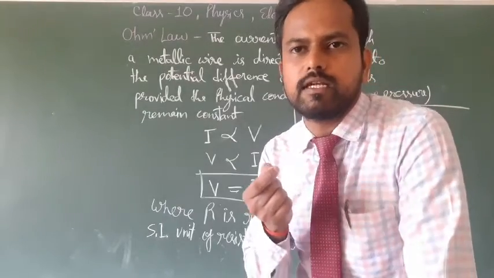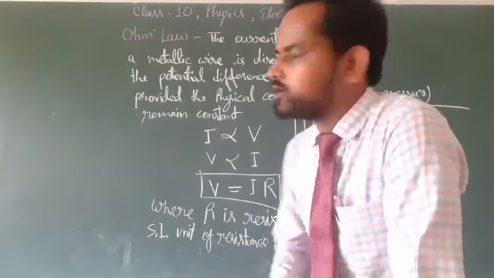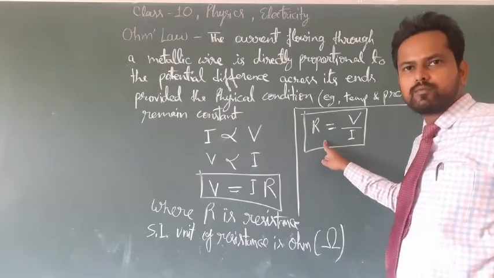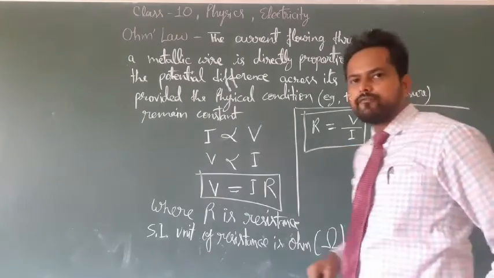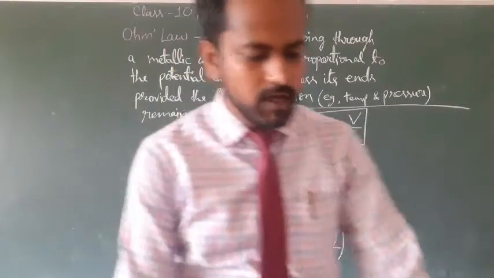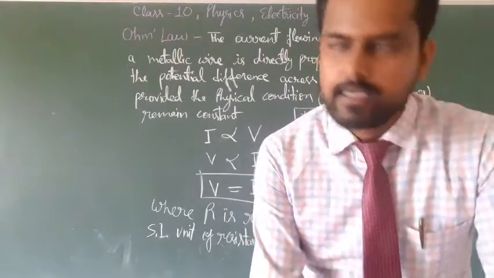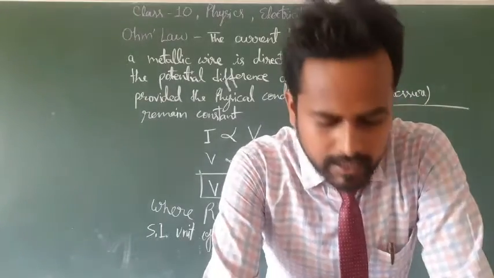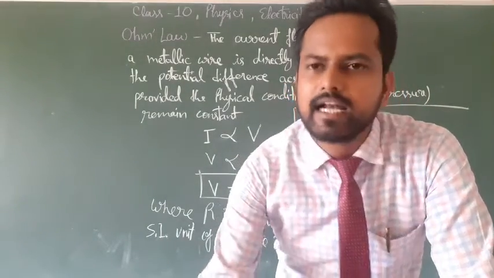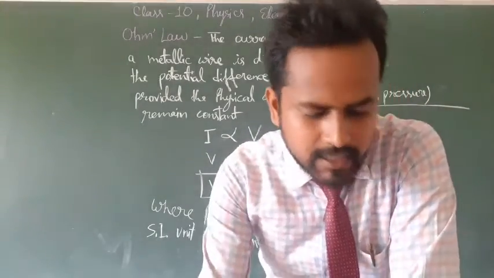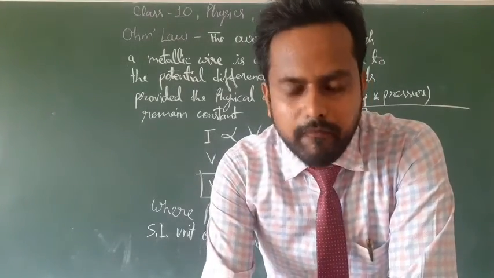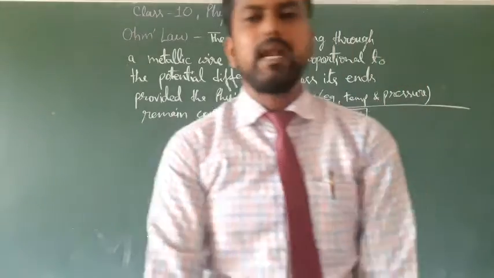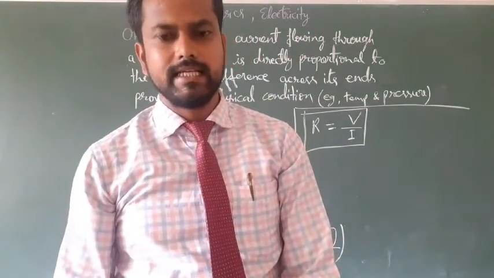And if you want to define 1 ohm, then you can define it here with the help of this formula. 1 ohm is the resistance of a conductor in which a current of 1 ampere results when a potential difference of 1 volt is applied across it.